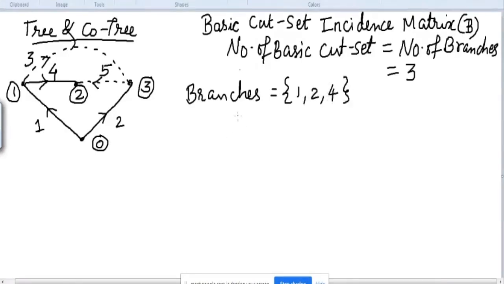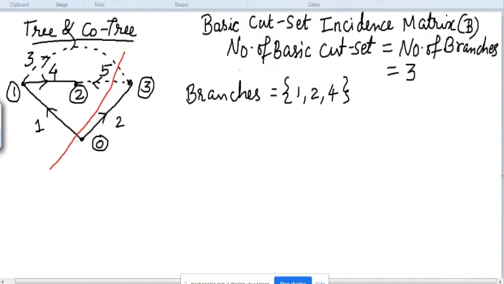We need to cut the cut sets according to this and give the names. The first cut set that we will cut will be for 1. If we want to make the cut set for 1, it will be in this way, because we know how to cut a basic cut set.